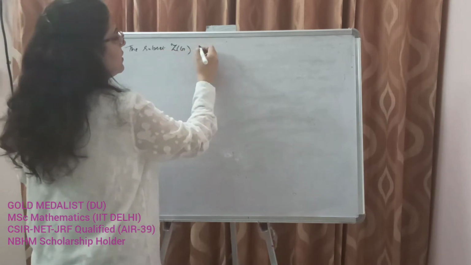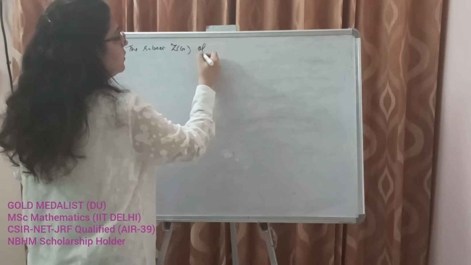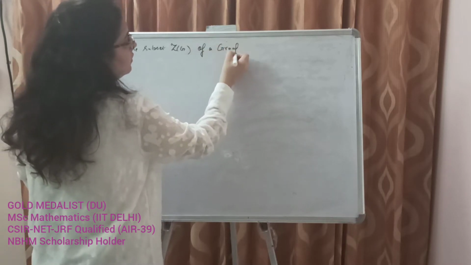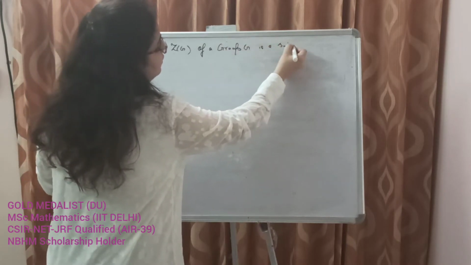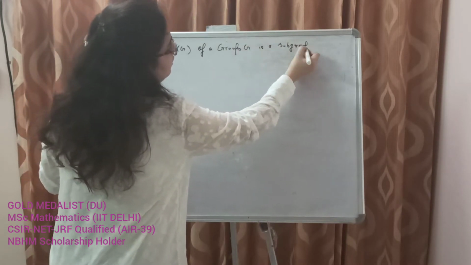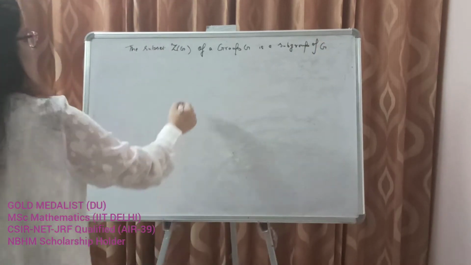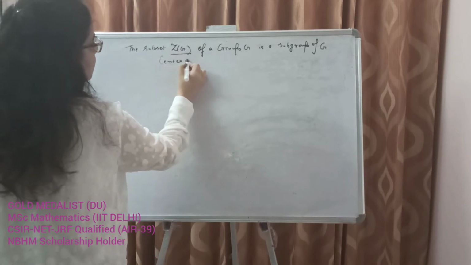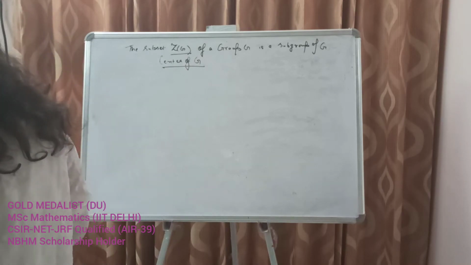The subset Z(G) of a group G is a subgroup of G. Now we will define what this Z(G) is. This is called the center of G, right? So this is the definition.